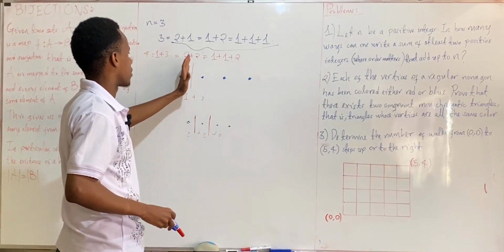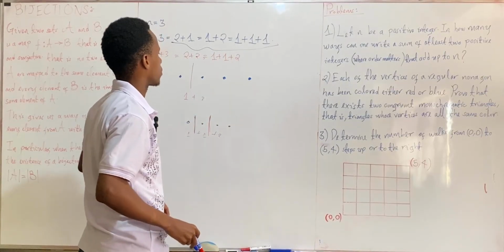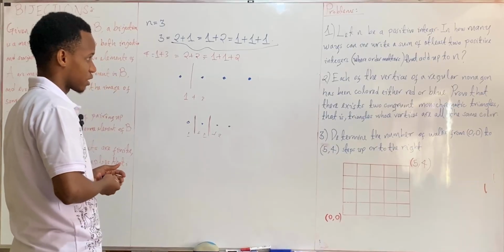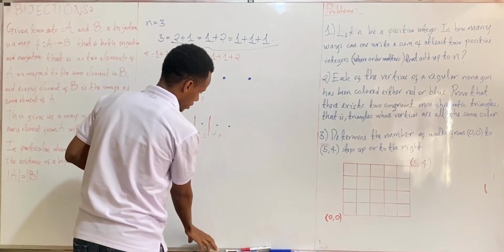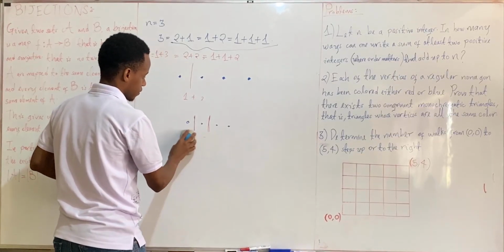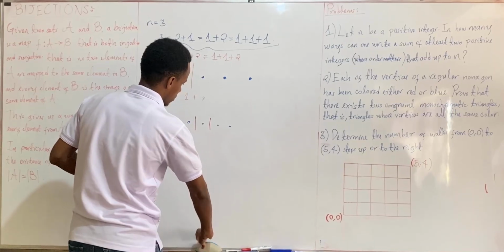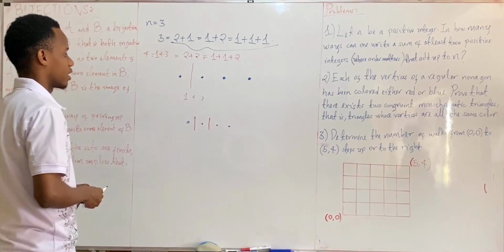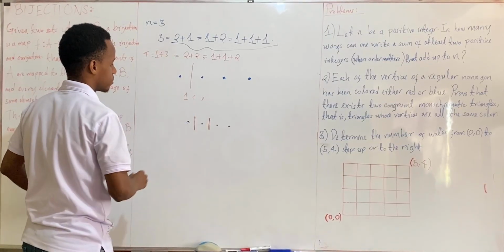So you can have one partition or two partitions, or you can have all three of them to represent 1 plus 1 plus 1 plus 1. So you can redefine the problem as counting the number of ways in which you can split 4 points using at least one splitting part.